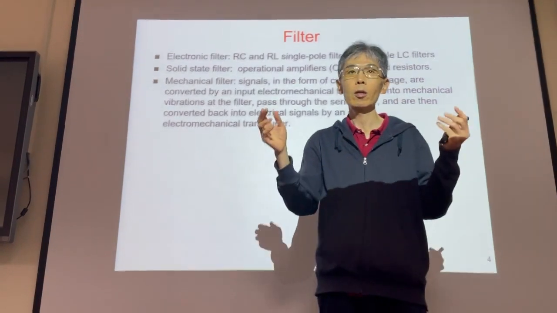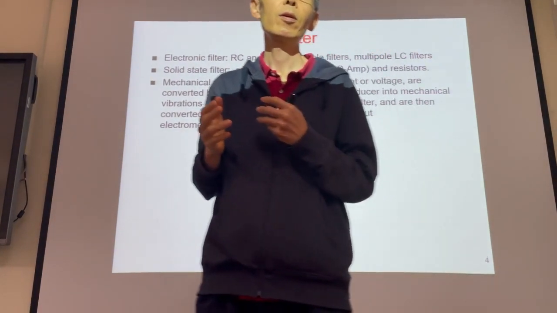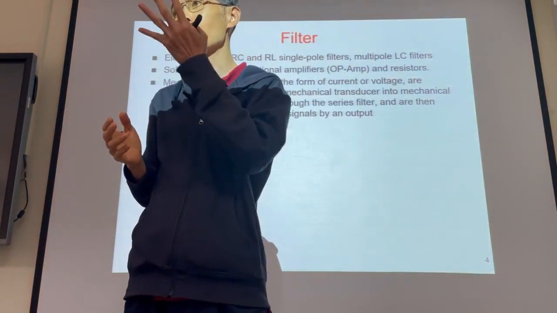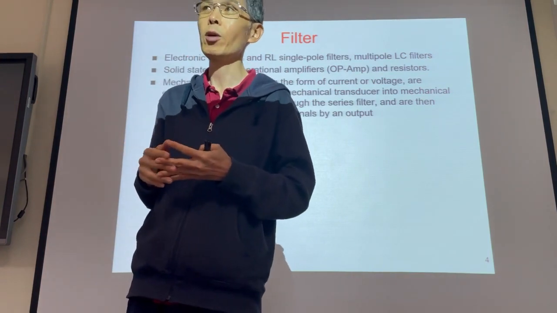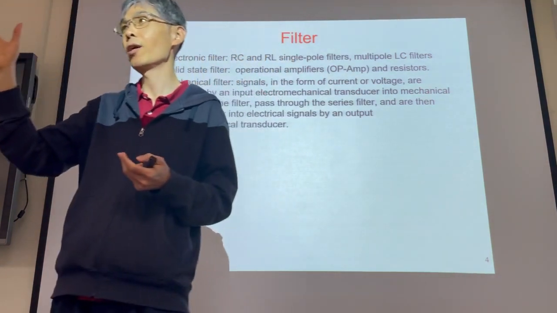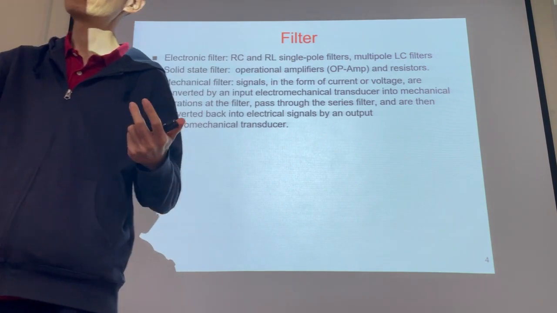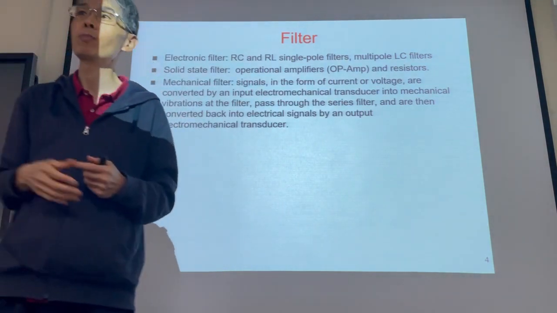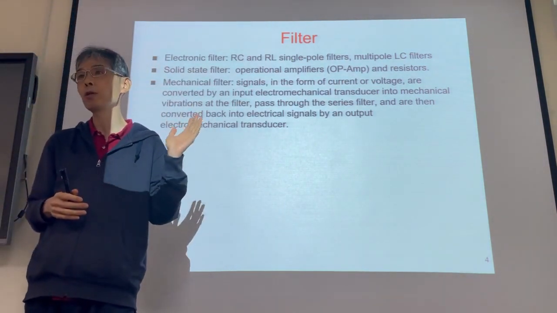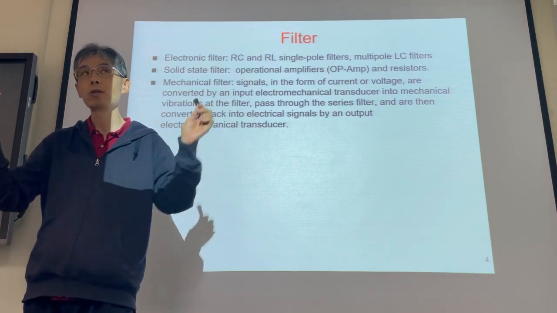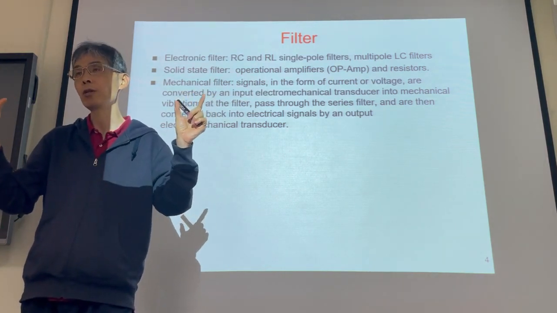Okay, transducer, electromechanical transducer. A transducer is a converter. In the electric world, we have, for example, the analog digital converter. But in the mechanical world, we have the electromechanical converter.